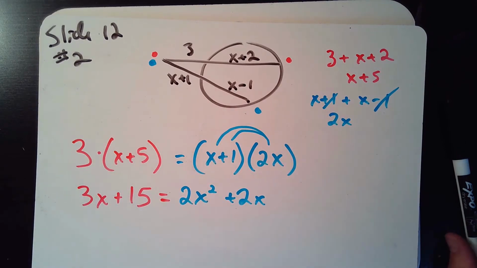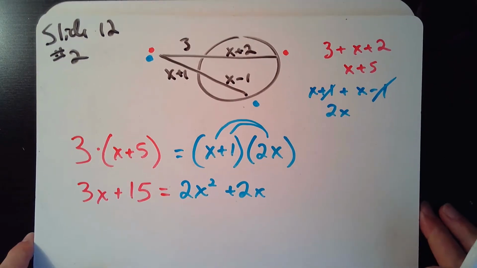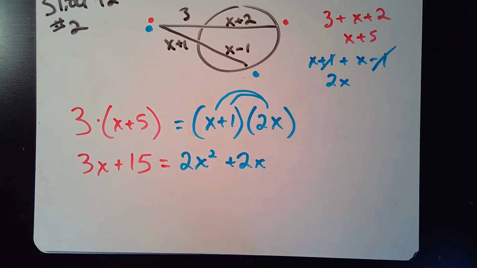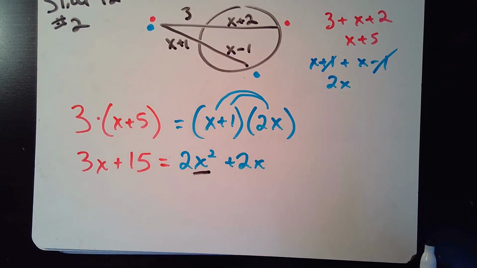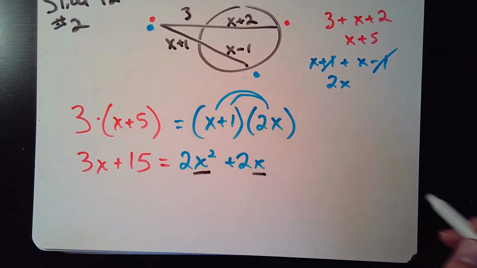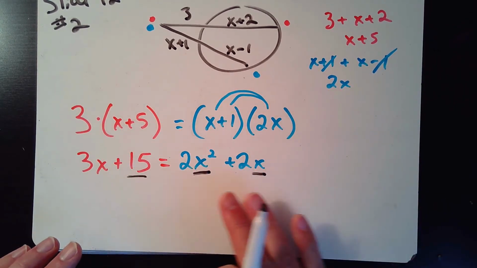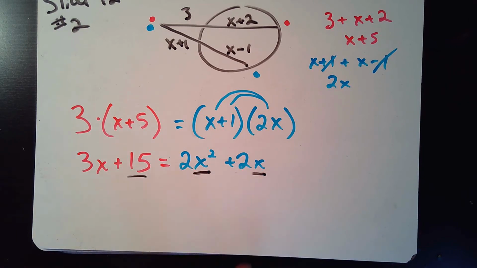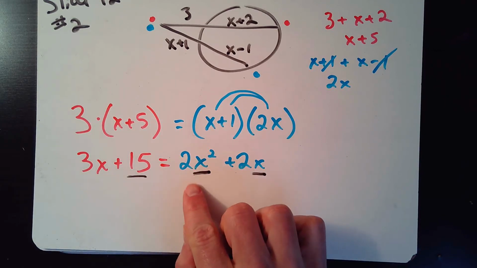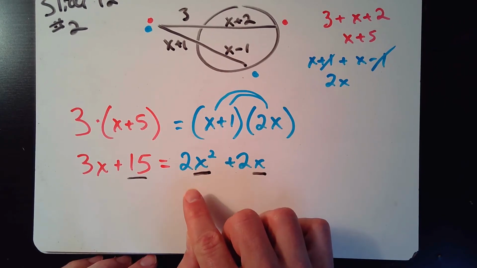Now, here's the part where we have to get to our algebra skills. I see this is an x value that's squared, this is a non-squared x value, and this is a constant. So I see those 3 things, so I know I have to get everything to one side and factor it. It technically doesn't matter which side, but it's much easier if you get the x squared term to be positive.